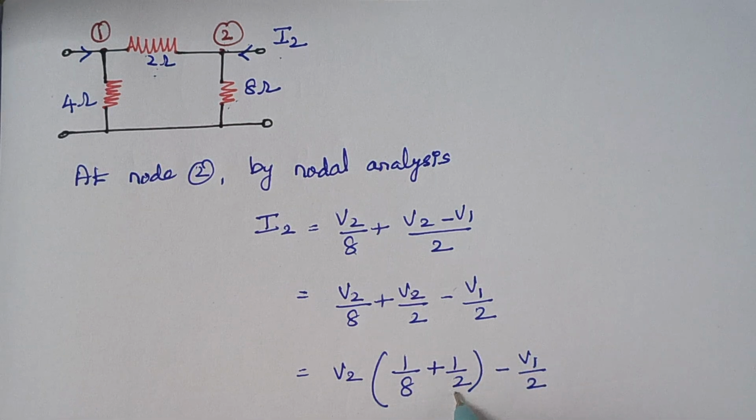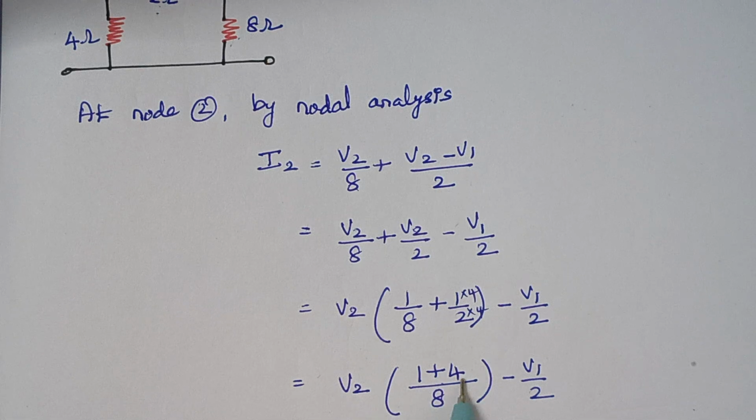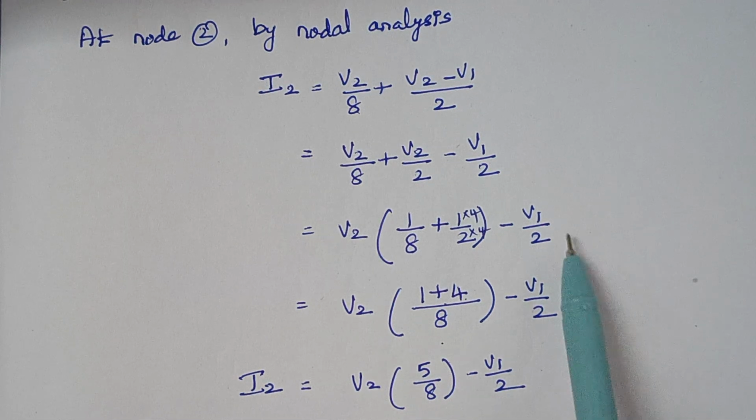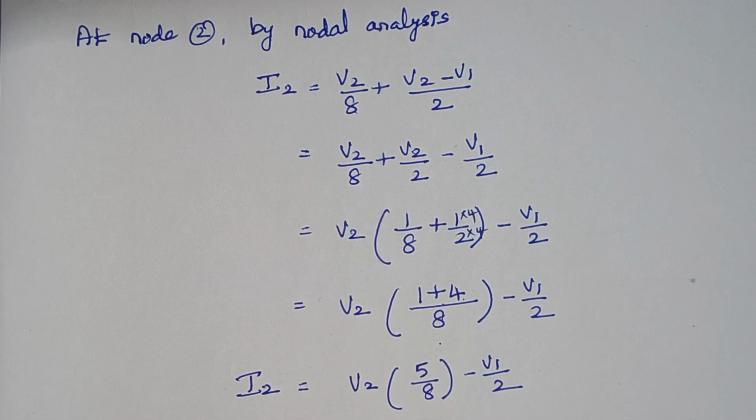So I multiply by 4 on both the numerator and denominator. V2 into 1 plus 4 by 8, and 1 plus 4 is 5 by 8. The minus V1 by 2 is written as such because there is only one term with V1.